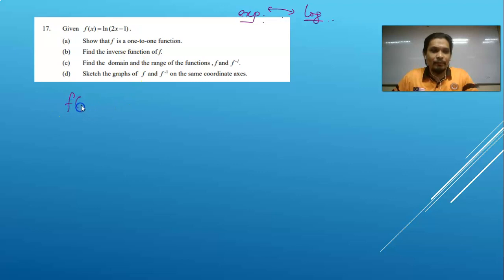Okay, f(x1) equal to f(x2), using the algebraic method: natural log of 2x1 minus 1 equal to natural log of 2x2 minus 1.